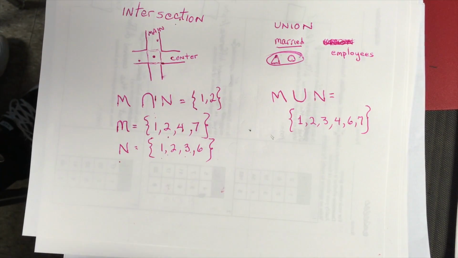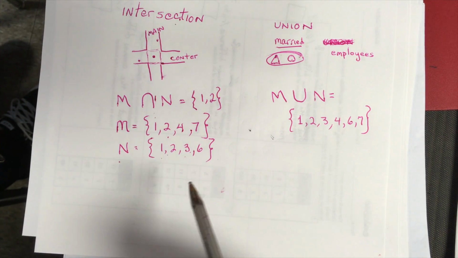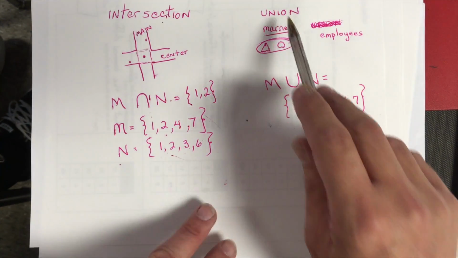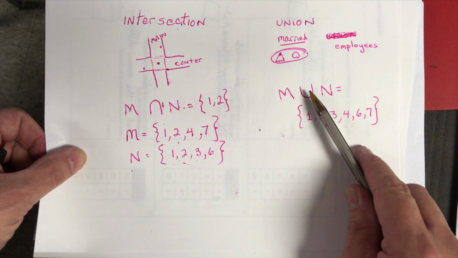You notice I don't have to list 1 and 2 twice. But all the elements of both sets combine together into one set. That's the union. So that's intersection, that's union.